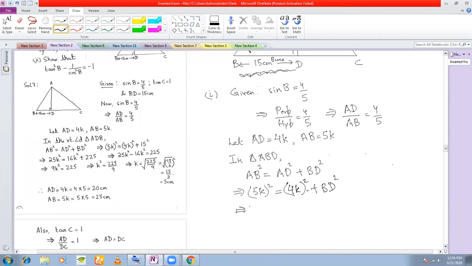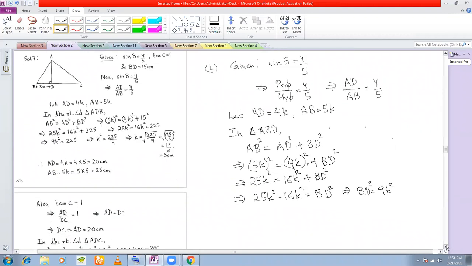So 5K whole square is 25K square, not 5K square. 4K whole square is 4 square K square, which is 16K square, plus BD square. Mind this mistake. That means 25K square minus 16K square is BD square. That means BD square is 9K square.